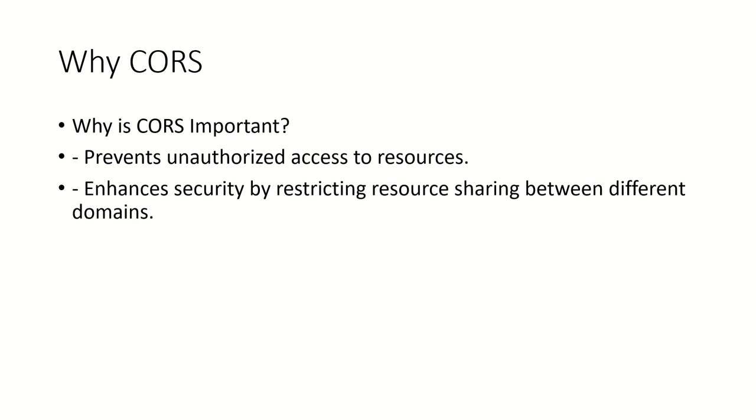You have to give the authority to those origins so that they can access the backend resources. That is what CORS authority means, it prevents unauthorized access to the resource. Once the backend gives the authority to the front end origin, only then can they use the backend APIs. It also enhances security by restricting resource sharing between different domains. So this is why we should use CORS. It prevents unauthorized access and it enhances security.